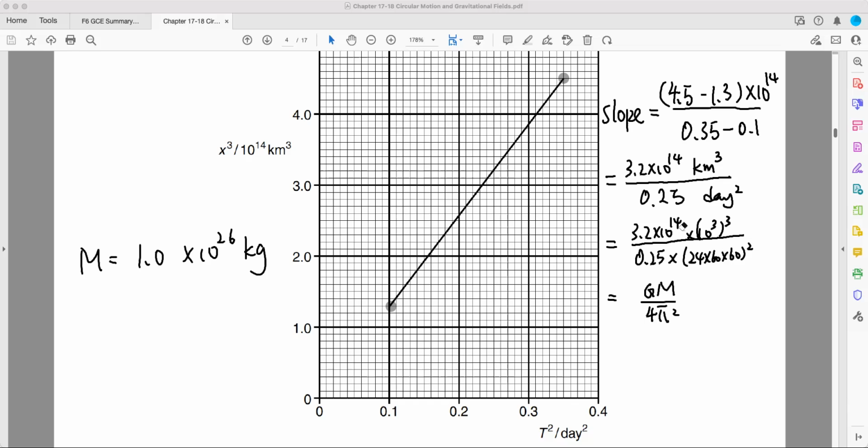Because it just changed the km cubed to meter cubed. For example, 2 kilometer cubed is not equal to 2,000 cubed, right? Don't solve it yourself, the number is too large, the calculator cannot numerically solve it for you.